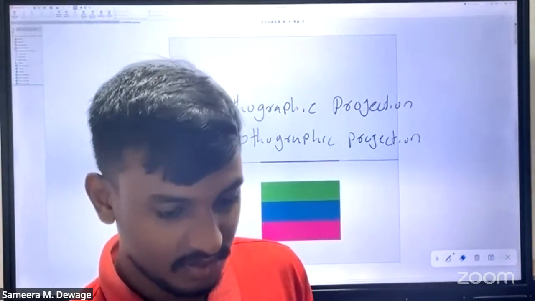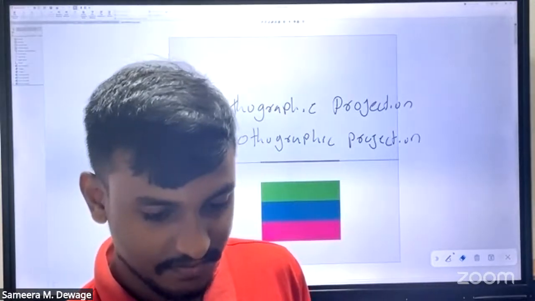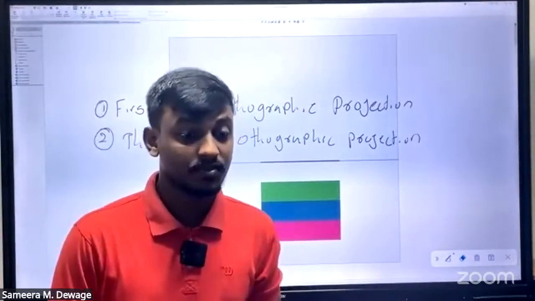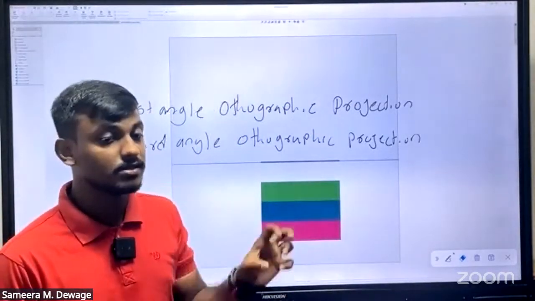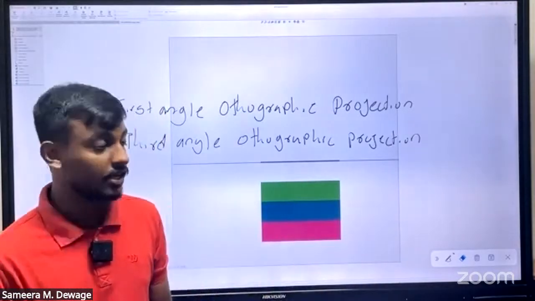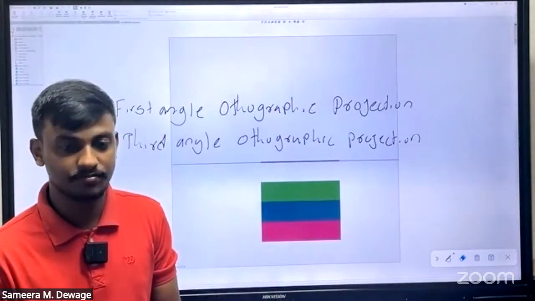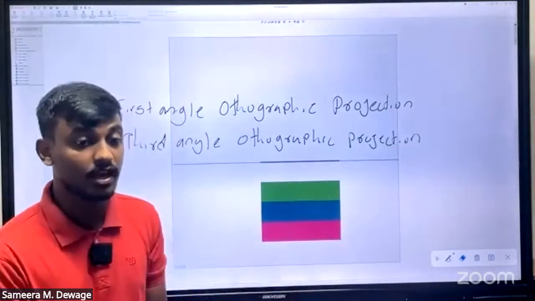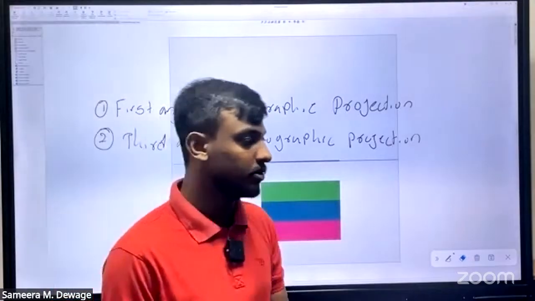Is there any volunteer? Which quadrant do we place our object in under first angle projection?